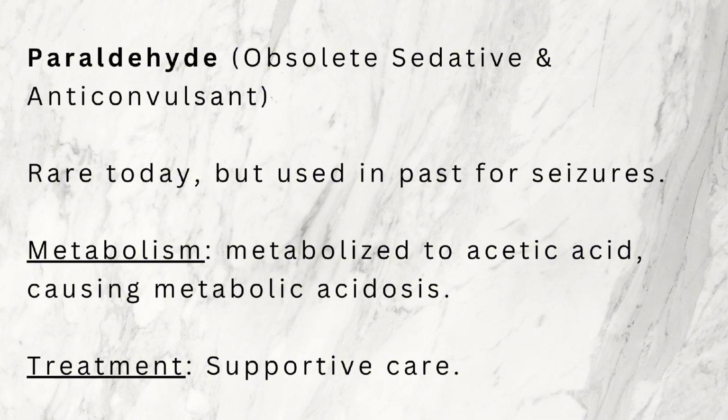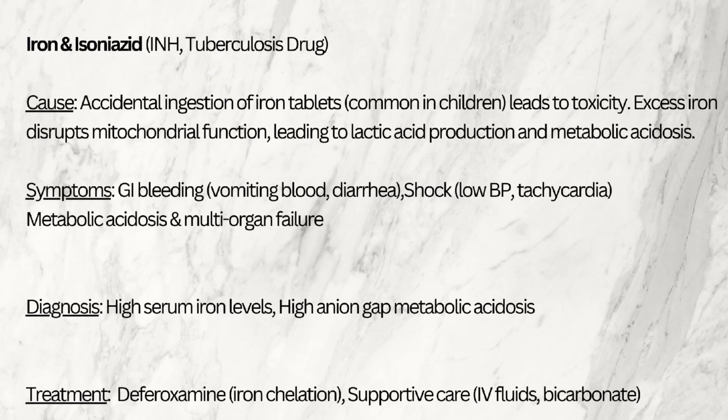So we move over to the next one, which is iron and isoniazid. Accidental ingestion of iron tablets leads to toxicity. Excess iron disrupts mitochondrial function, leading to lactic acid production and metabolic acidosis. Let me explain. If you can remember, the mitochondria is the powerhouse of the body.